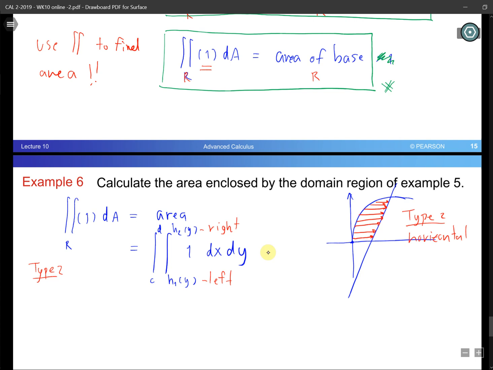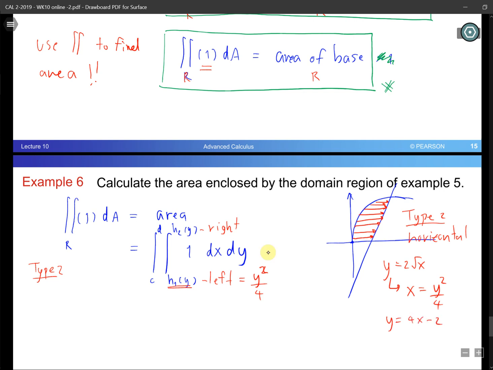From before, let's start with the left-hand function. It is y equal to 2 square root of x, but we want a function of y here, so we need to switch things around. So this becomes x equal to y squared over 4. Now the other line, y equal to 4x minus 2.